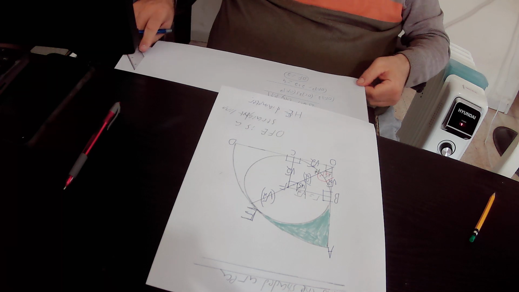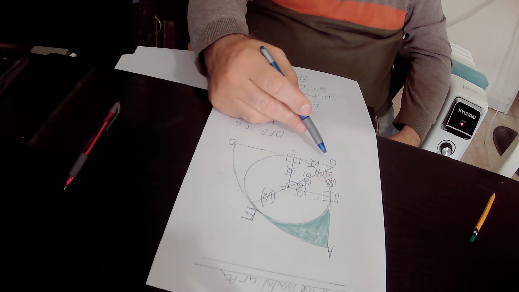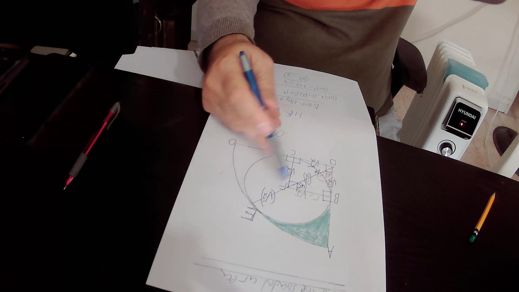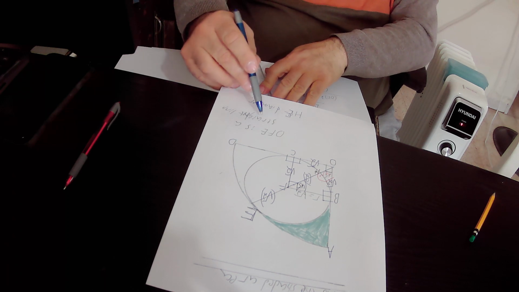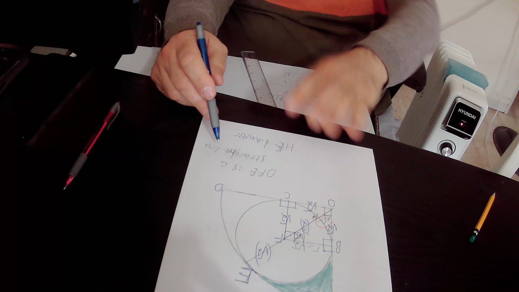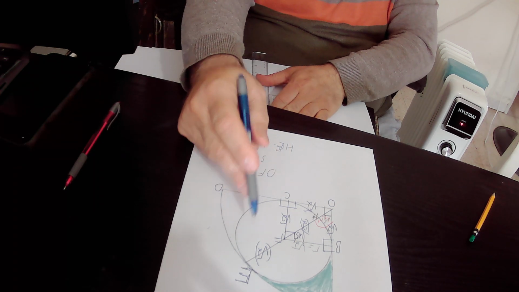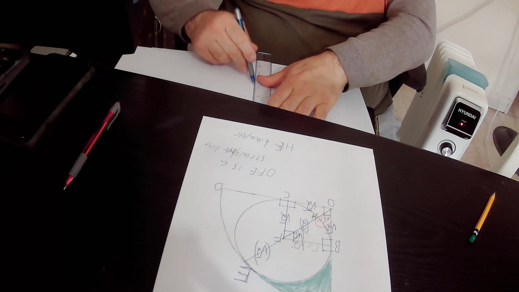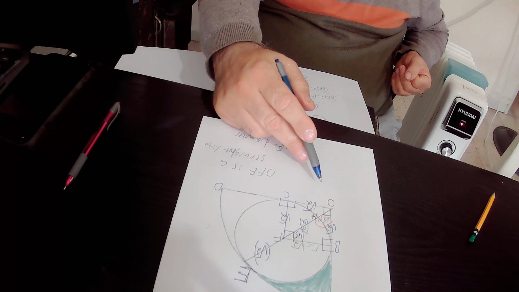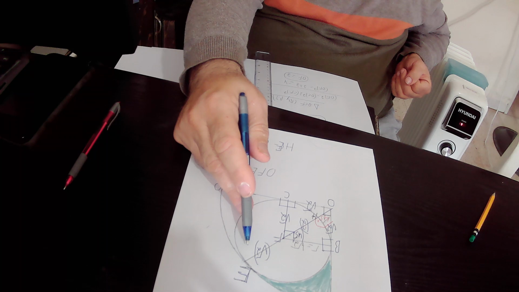And we have already found out that OFE is one straight line. If OFE is one straight line, what is the definition of the straight line OFE? Point O is the center of the quarter circle, point E is the point on the quarter circle itself.